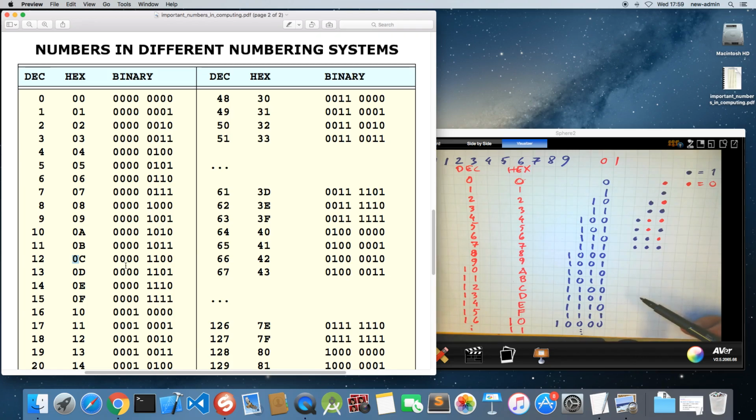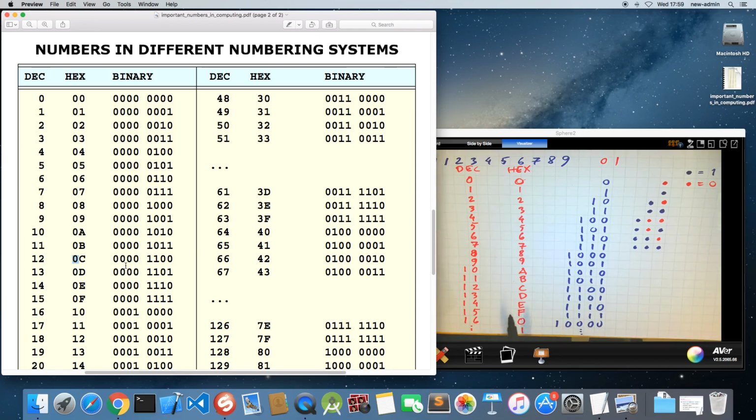So here we see that when we must start using a new column of numbers, or when we need to add a new digit to a number, the same thing happens correspondingly in the hexadecimal system and the binary system, but not in the decimal system.